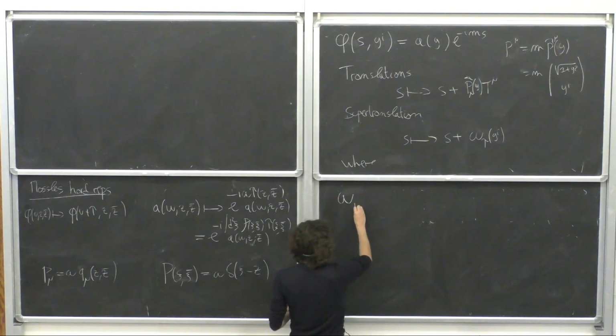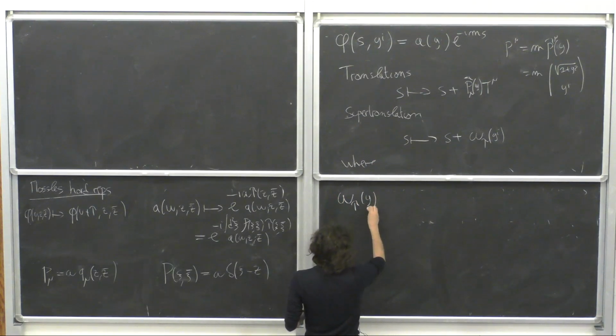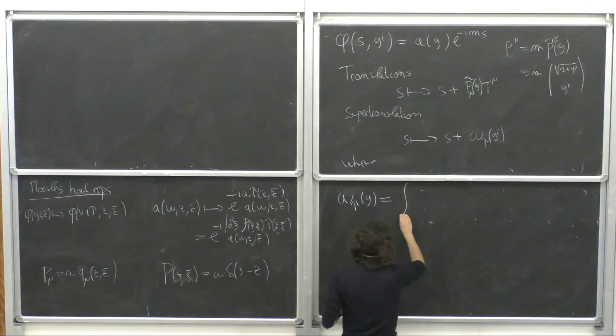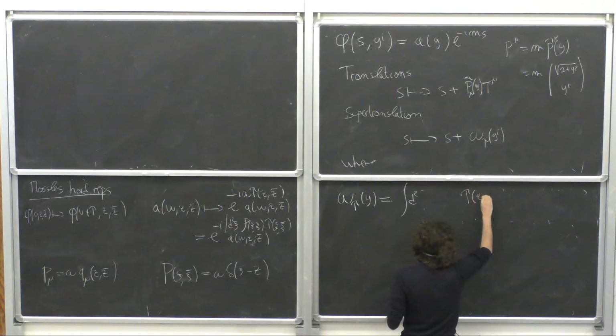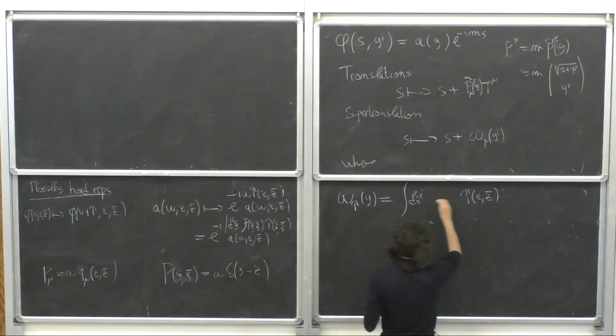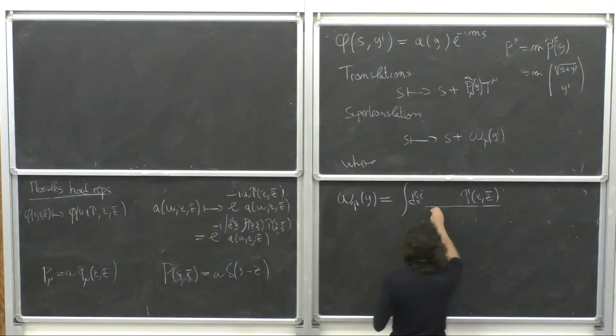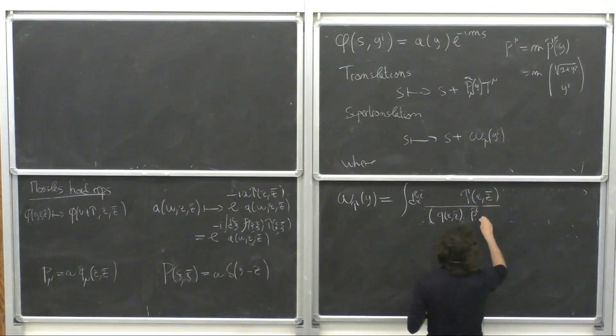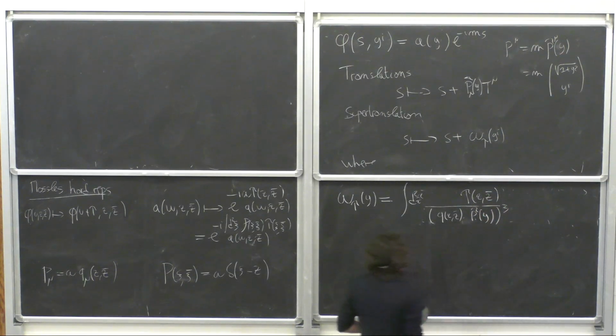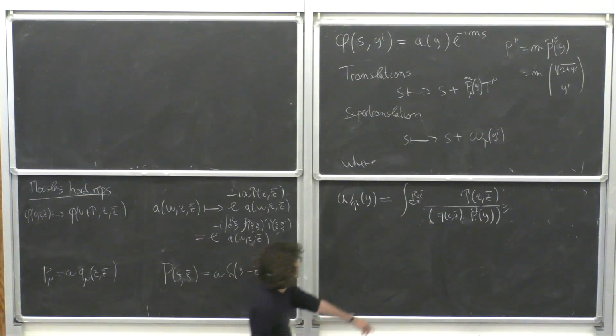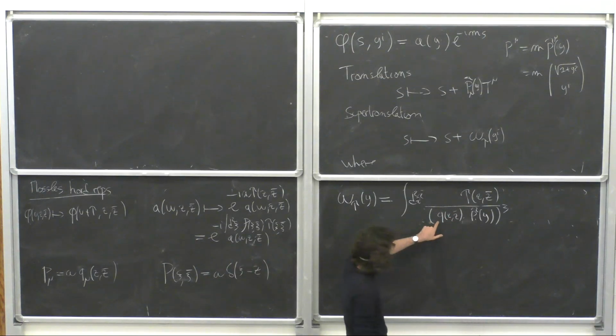This omega T of y, you obtain as follows: you want a super translation T of z bar, and you integrate it on the sphere against a propagator, which is this Q of z bar contracted with P tilde of y, to the cube.